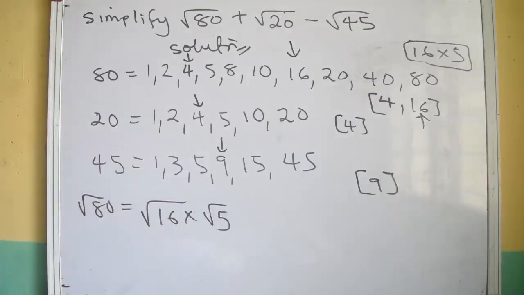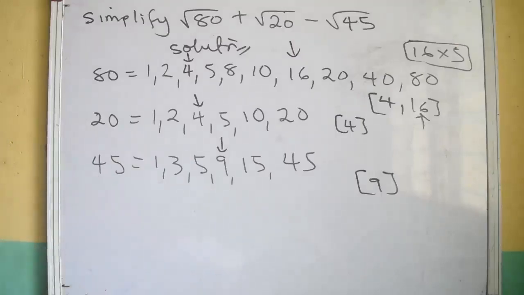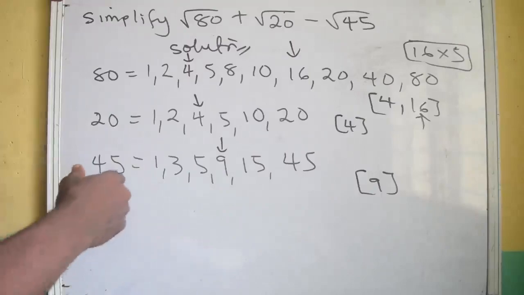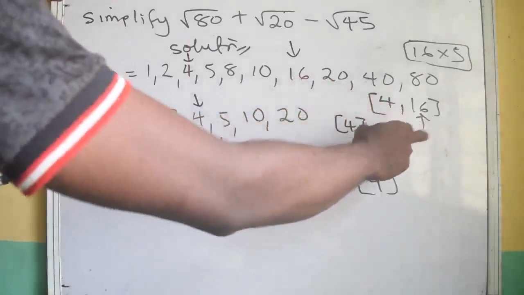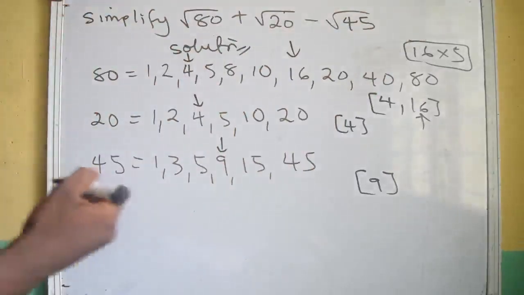So all we need to do here is, instead of writing this root 80, we have to replace it with the perfect square alongside the non-perfect square.